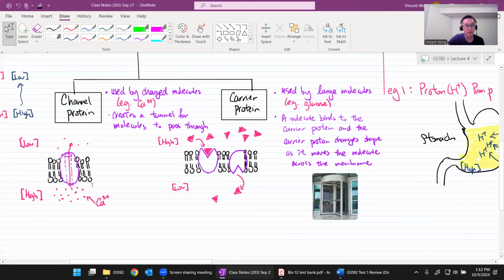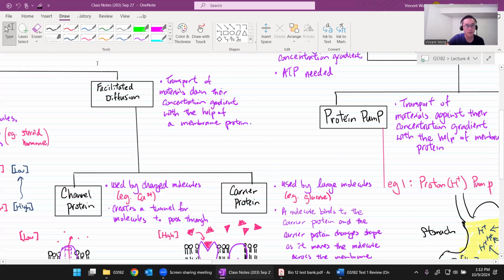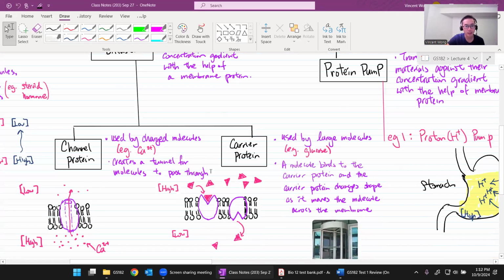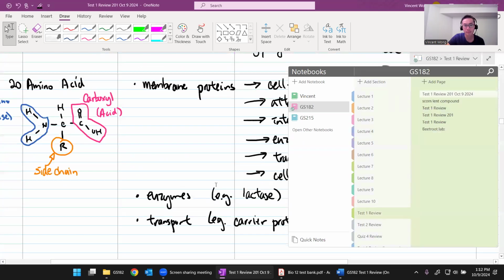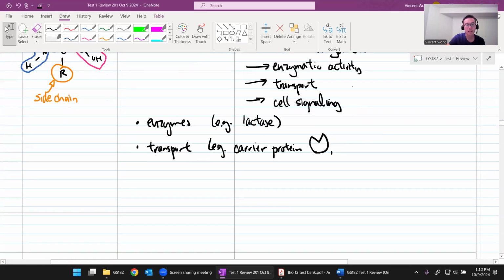You can see over here under facilitated diffusion, we have the carrier protein and we also have channel protein, right? So these are situations where the molecule is too big, or if they're charged, they cannot cross the membrane on their own. And so they rely on the help of a membrane protein. Okay? So channel protein.